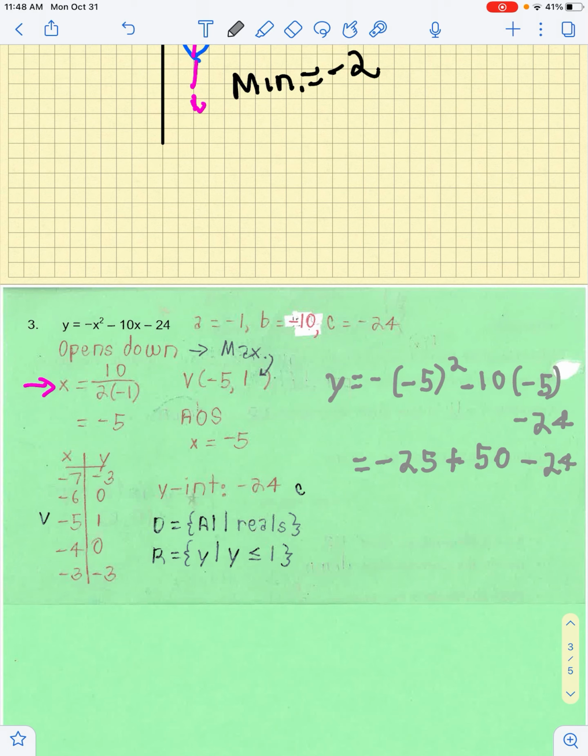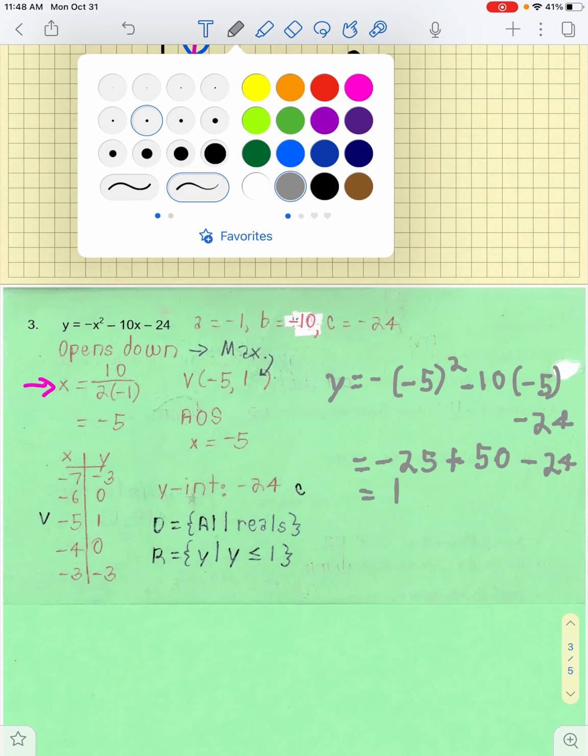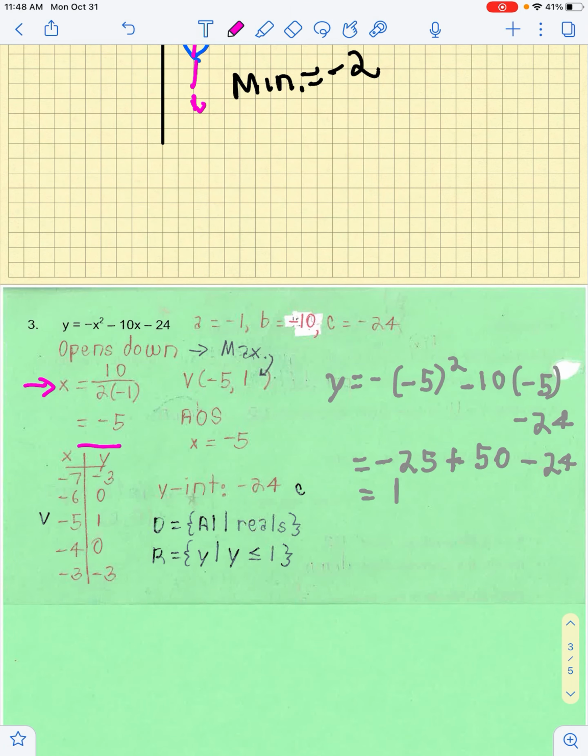So basically, this ends up giving us a +1. And that's what you do for all points. So you complete your table of values here, testing 2 values on either side of that vertex. We set our vertex as -5, 1. It's the ordered pair. Then 2 values to the right of -5 on the number line are -4 and -3. To the left, -6 and -7. And when I plugged in, I got these values.